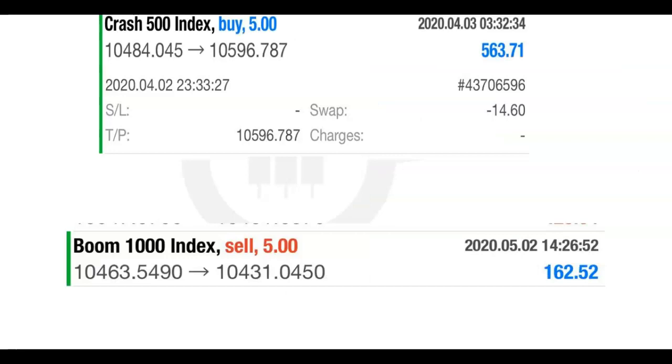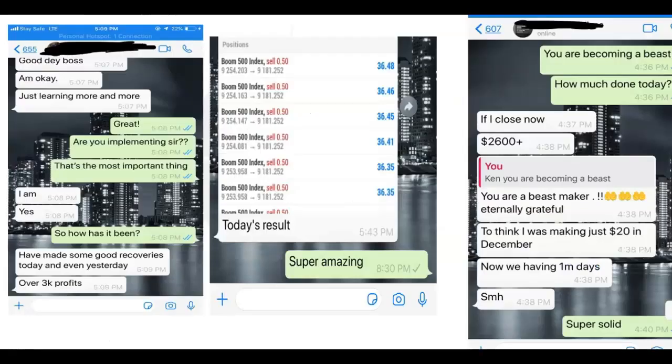Now here's someone here. Take profit was hit on this one, you see, and Crash was buying, and we hit the take profit here. On Boom, was selling, we hit the take profit on this one too, and here are some other members of the inner circle. Getting good results, guys.